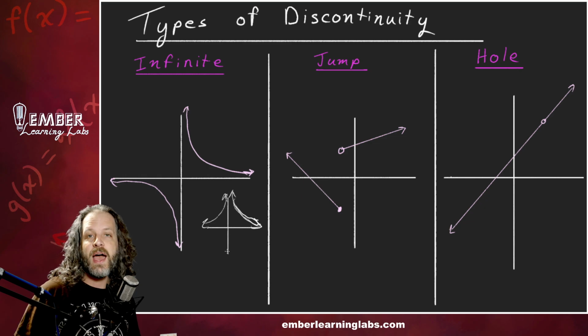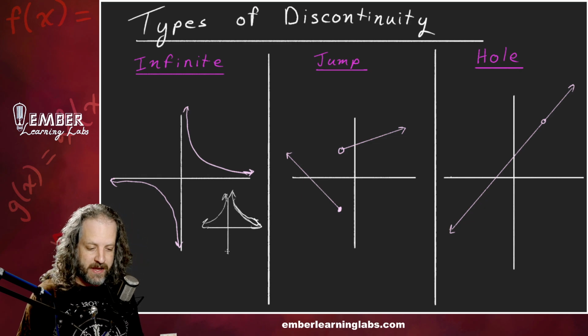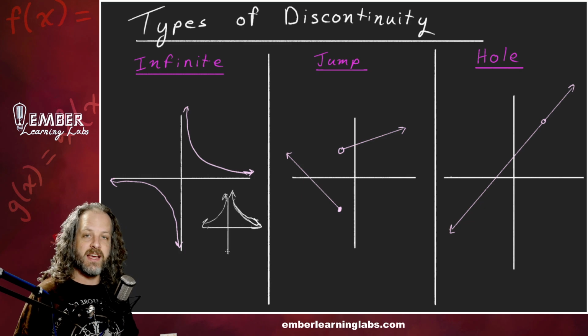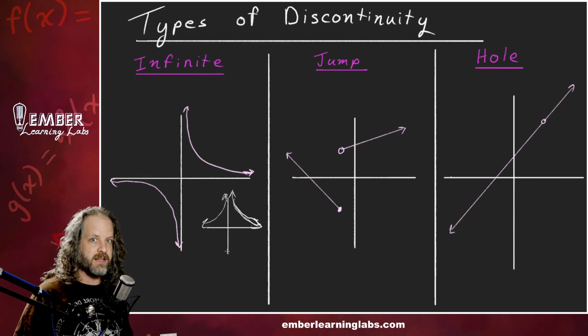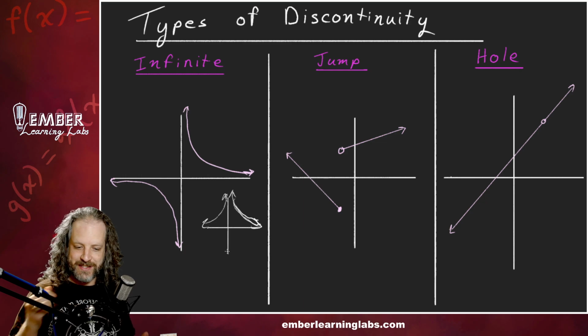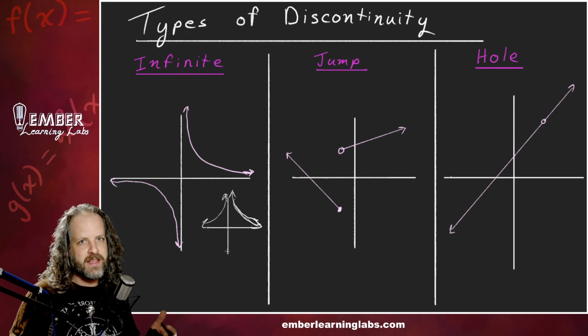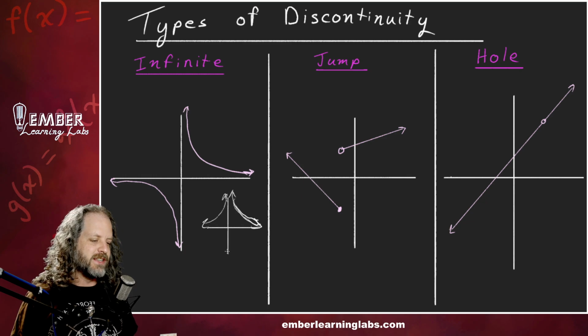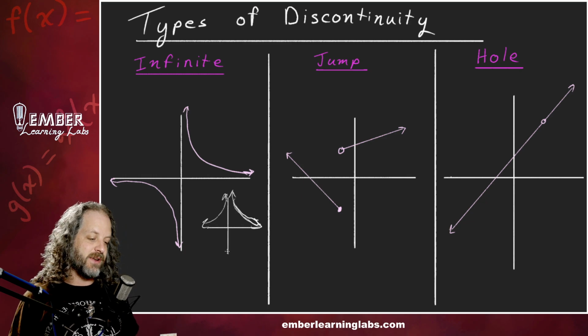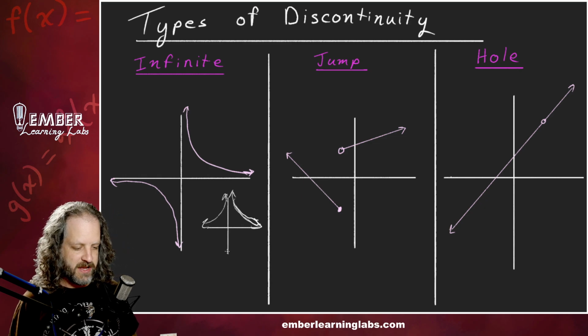Basically, if you have an asymptote at a space, then it's probably going to have infinite discontinuity, unless it's a slant asymptote, and even then you probably still have an infinite discontinuity there. We'll get more detail and more examples as we press on.